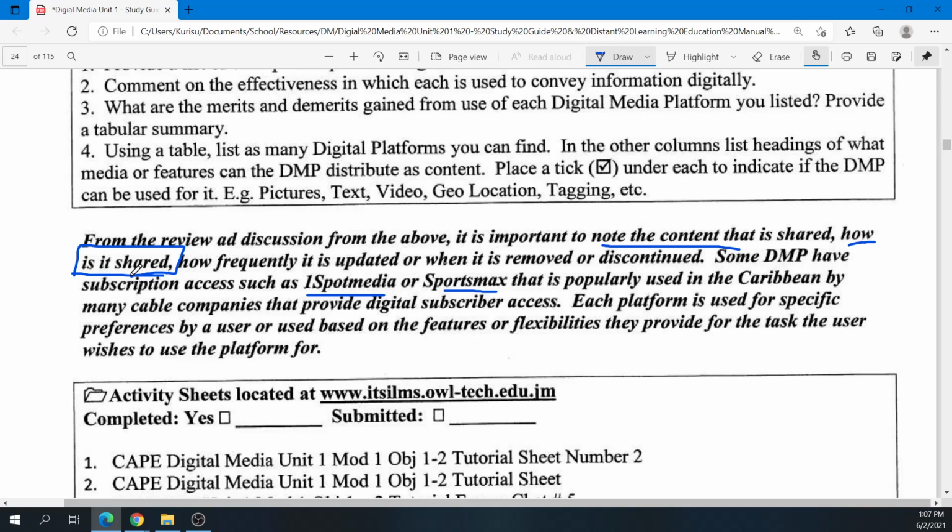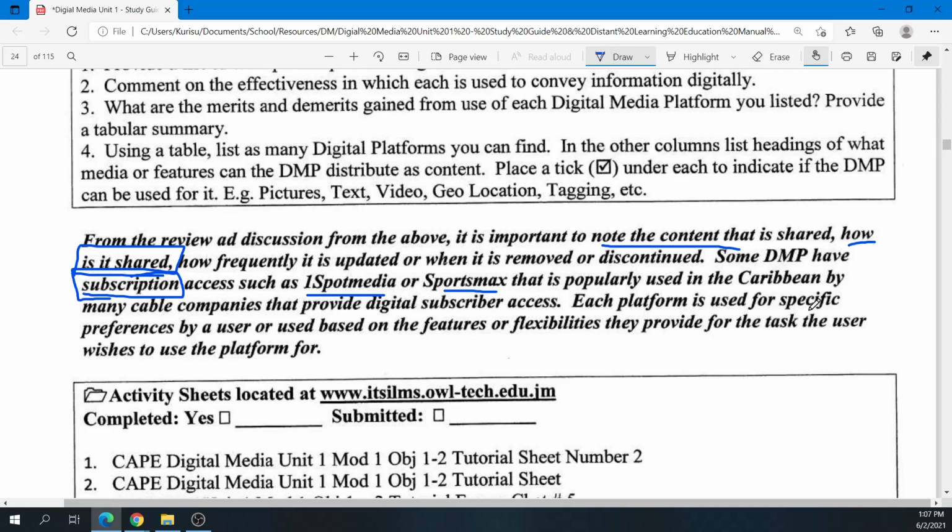Even though some of the applications in the App Store are free, you have to access it through an email. So you have to sign up on the store, log in with the email, and then you'll be able to access that content, even though it is free. But some services require a subscription. You have to pay in order for you to access the media.